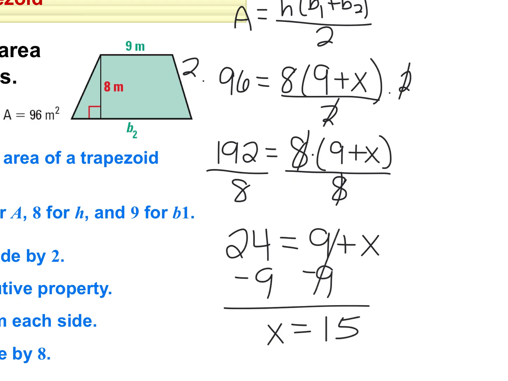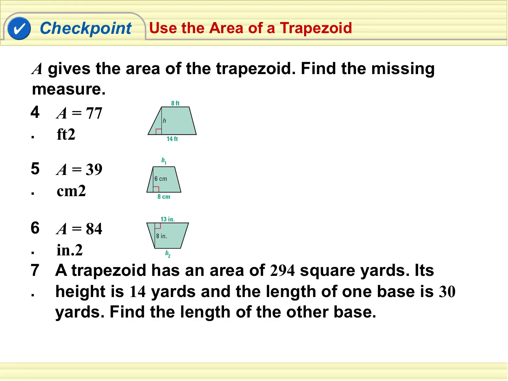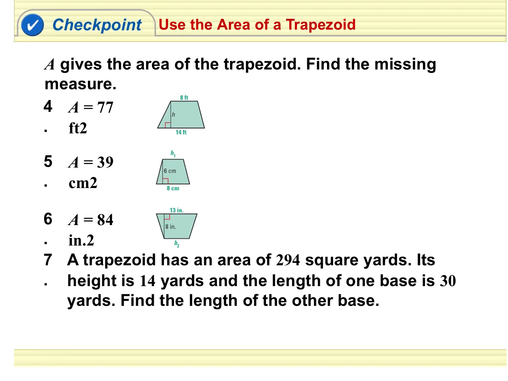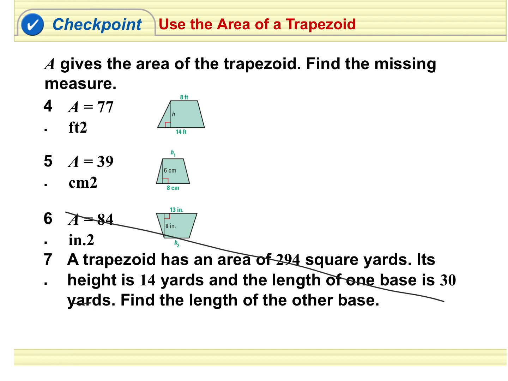Okay. Go ahead and try only 4 and 5. Do numbers 4 and 5 on this last page. So on these, remember, we're still using that formula. B1 plus B2 times the height divided by 2. Okay, so plug in what you know. Do we know A? What's A? 77.